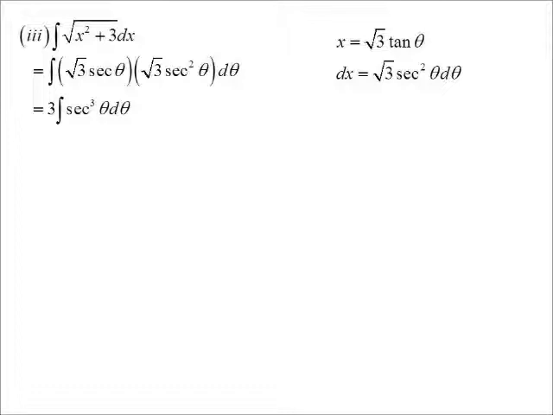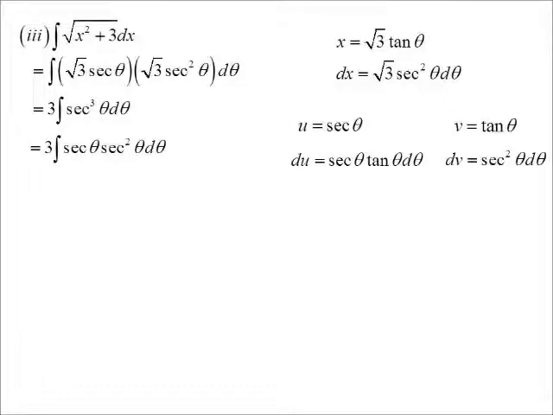Oh, yuck, sec cubed. That's the one we've got to do by parts. Remember the odd powers for sec, we end up doing by parts. So we've simplified this down to be 3 times the integral of sec cubed theta d theta. So the sec cubed will break into sec theta sec squared. I'll do u is sec, so we get sec theta tan theta for du.